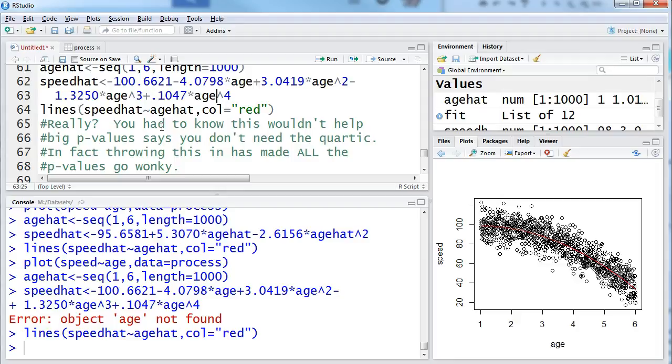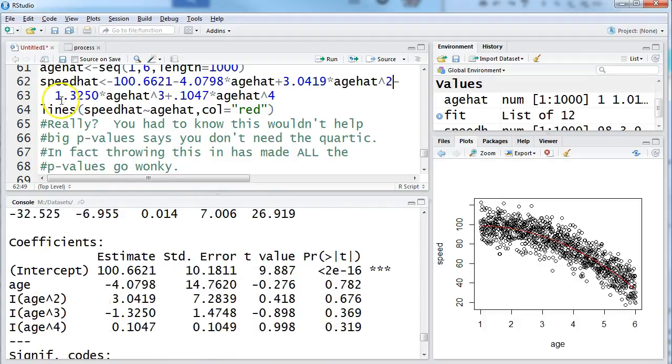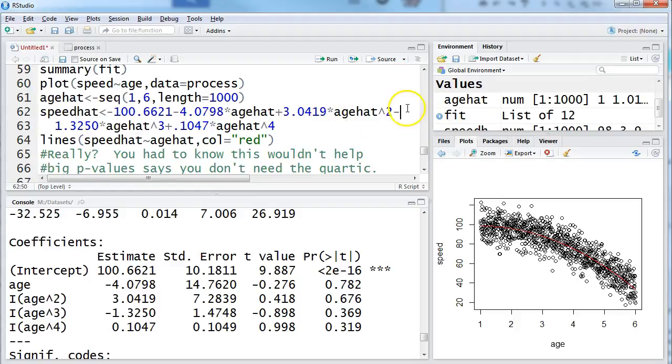Age, really? I need age hat on all these. I specially called it age hat instead of age so that I wouldn't get confused. By the way, this term here was negative, and so that's where that negative comes from. It's not here because I need R to know that there's more coming in the next line.